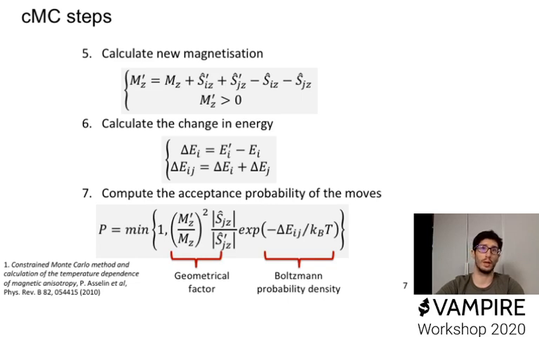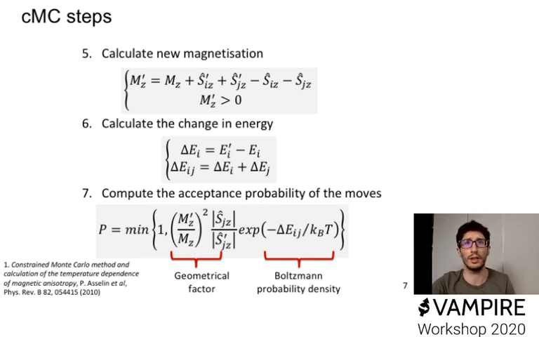And then we will compute this acceptance probability, P, or if you want, the probability of being rejected is 1 minus P, which has the usual Boltzmann probability density factor, so this exponential of minus the change in the energy due to the move on spin I and spin J, divided by kBT, which is the thermal energy, which will make the acceptance rates lower at low temperature than at high temperature.